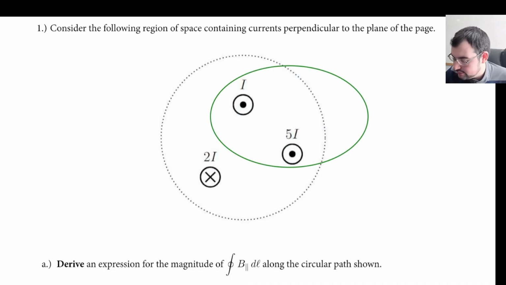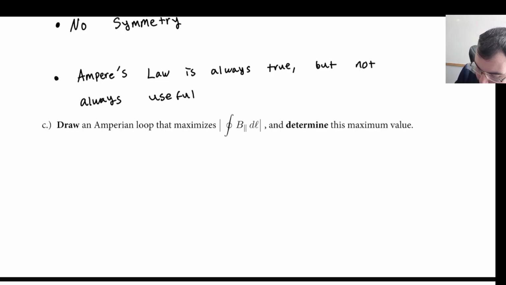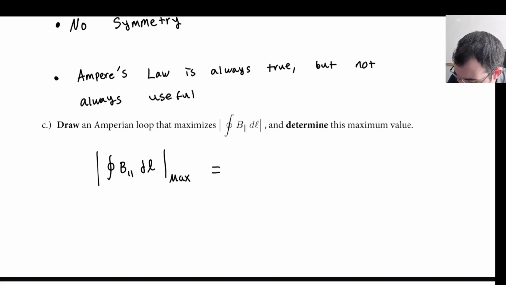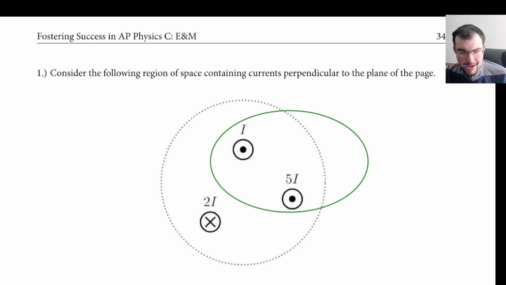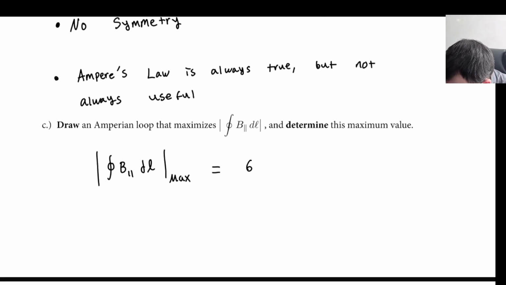So I'm going to pick that, right? Because this encloses the larger of the two current signs and none of the canceling ones. So we would say that the max value is, well, I'm enclosing an I, a 5I, and nothing that cancels, so it's just a 6 mu naught I.